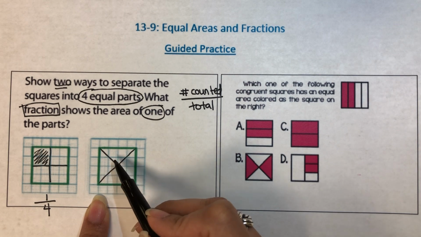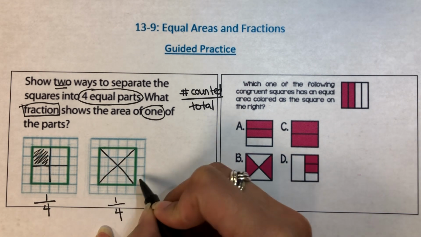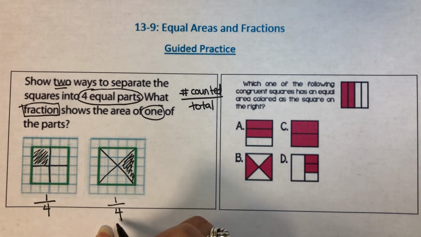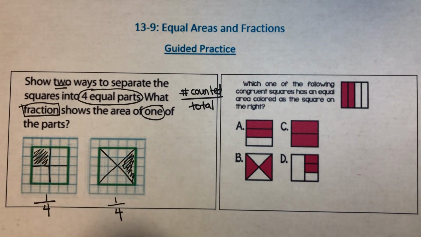Each one of these parts is 1/4. Doesn't matter which one I shade in, 1/4. Each one of these parts covers the same amount of squares. 1/4, 1/4. Same amount of area is covered.